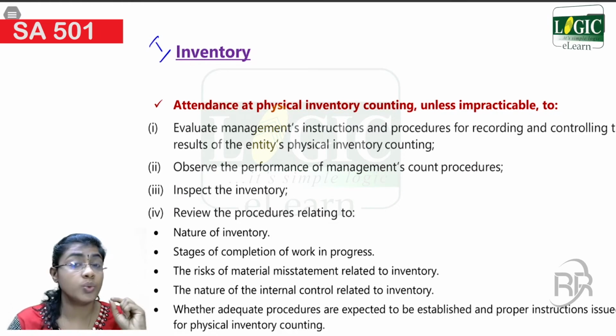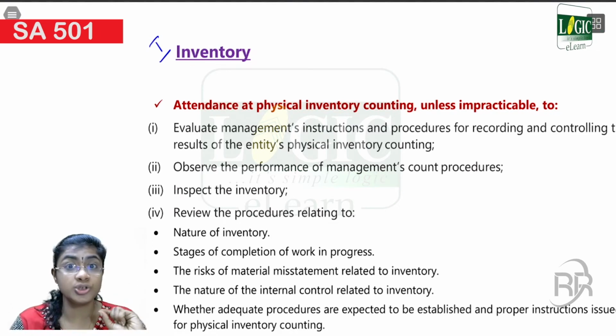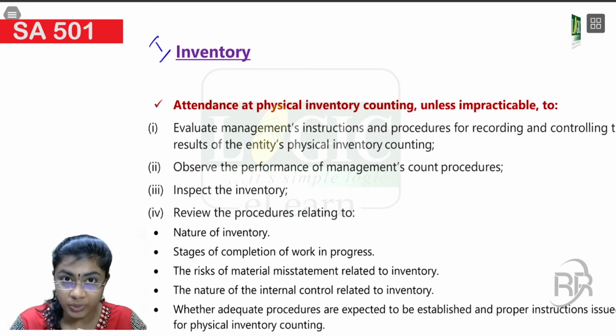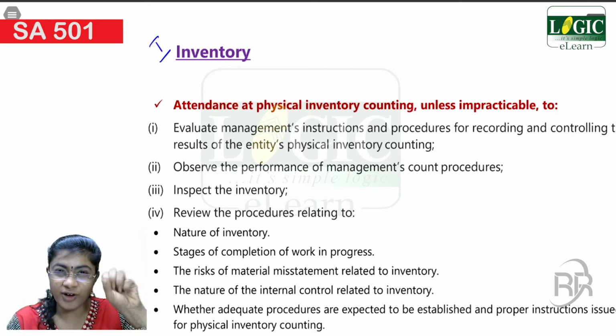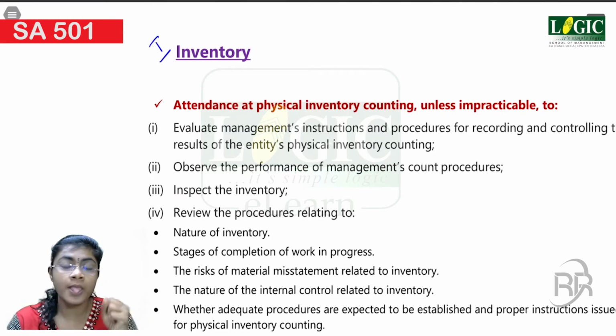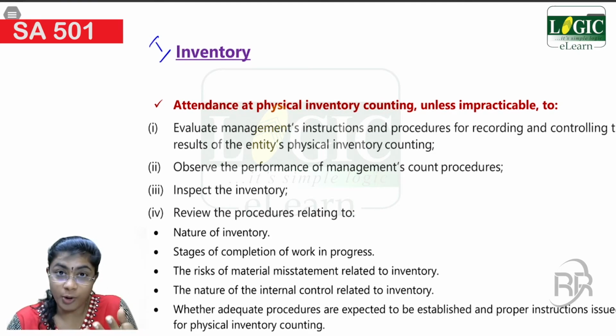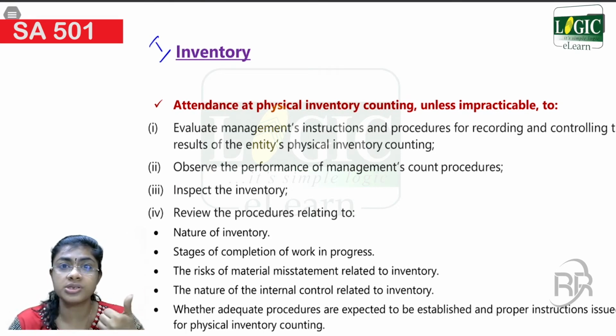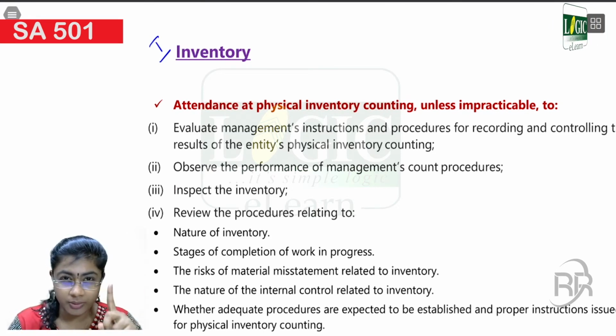In that, we said the auditor should be an observer at the physical counting of inventory, mainly for 5 purposes. You remember? To observe, inspect, perform test counts, analytical procedures, as well as to evaluate the instructions and procedures of the management. Right?